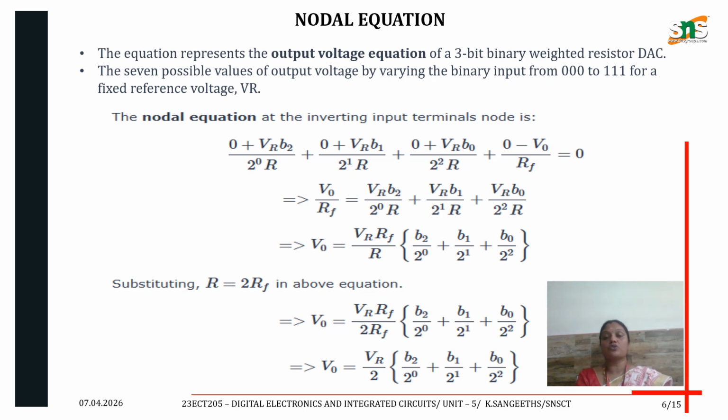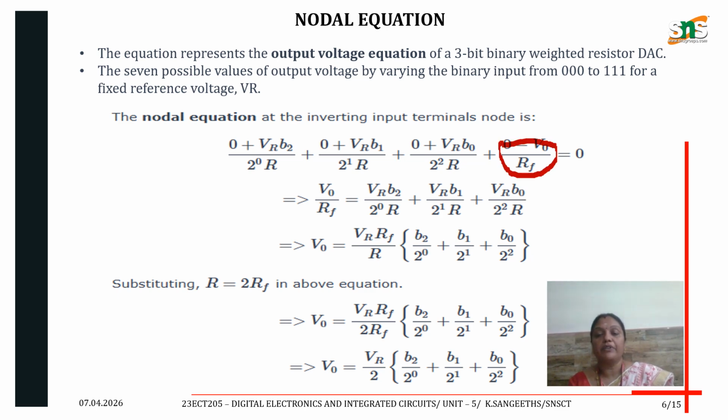There are 7 possible non-zero values of output voltage by varying the binary value from 000 to 111, for a fixed reference voltage VR. In the nodal equation, the first leg is (0 minus VR B2) divided by 2 power 0 R, for B1 the equivalent resistor value is 2 power 1 R, and for B0 it is 2 power 2 R, plus (0 minus V0) divided by RF, which is equal to 0.